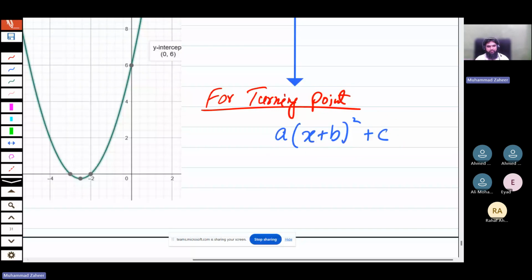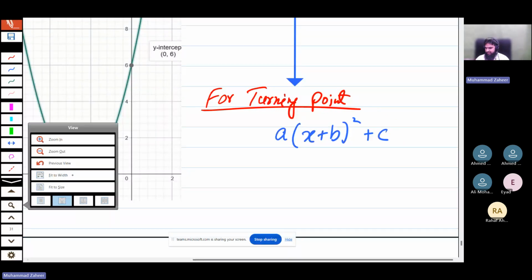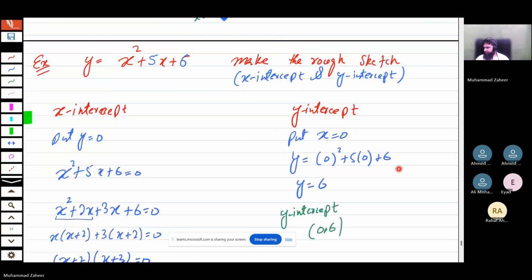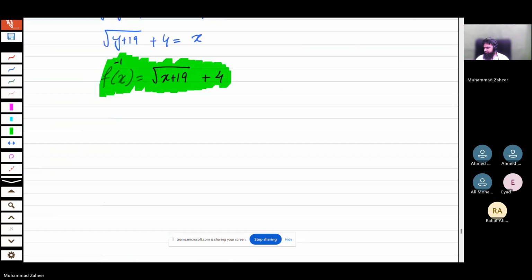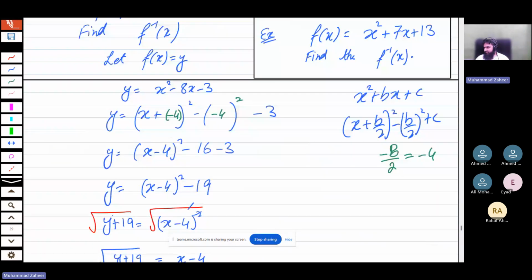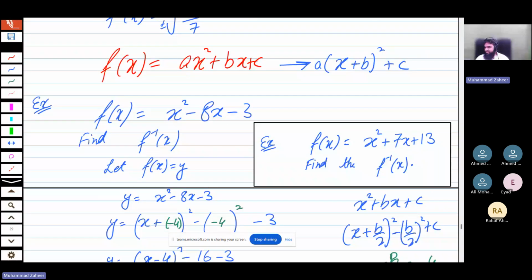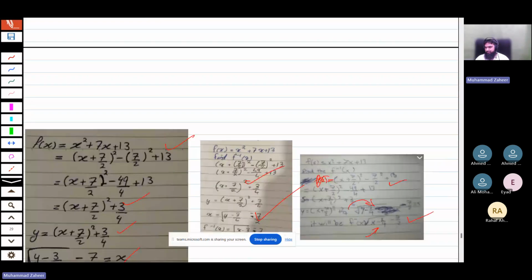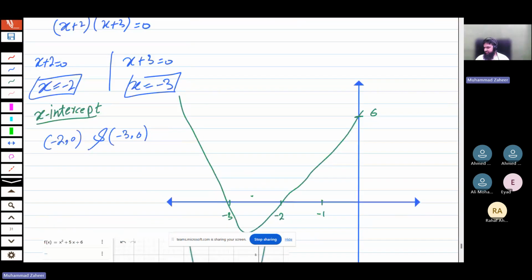Means you have to write the equation in completing the square form. The same thing that we have done above, as when finding the inverse of a quadratic, we have to do the completing square here. So let's do it.